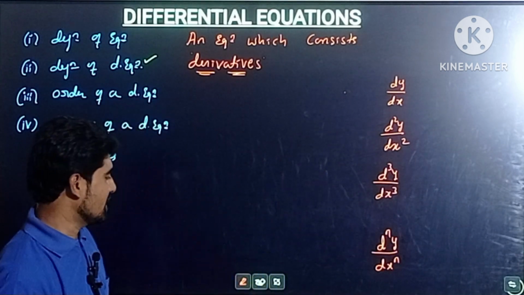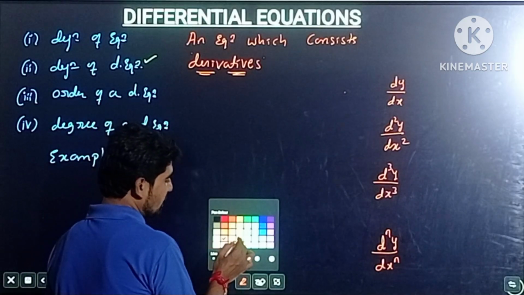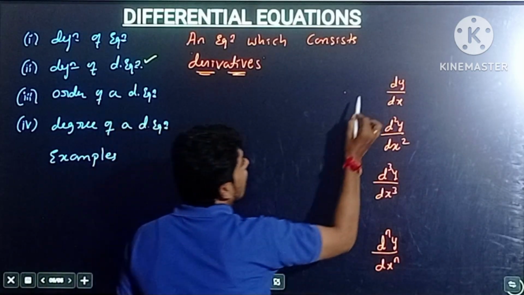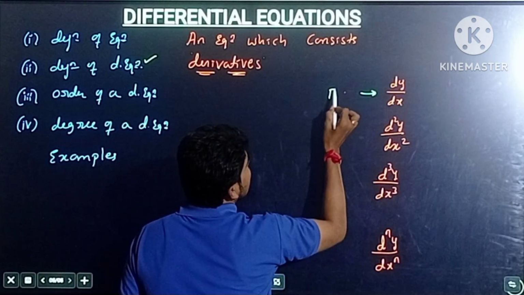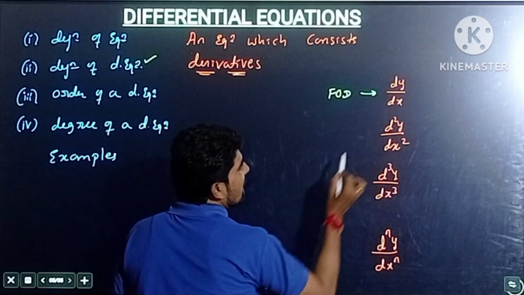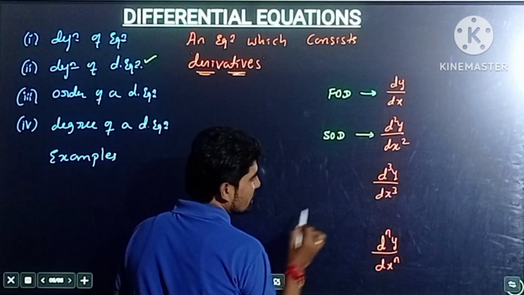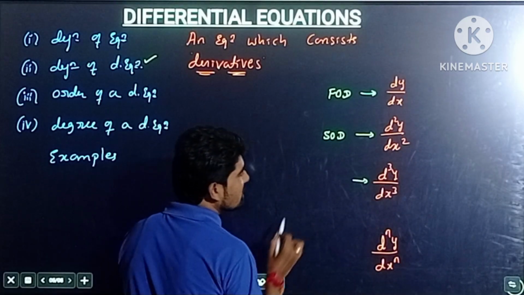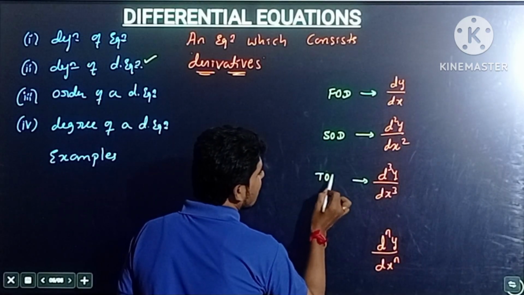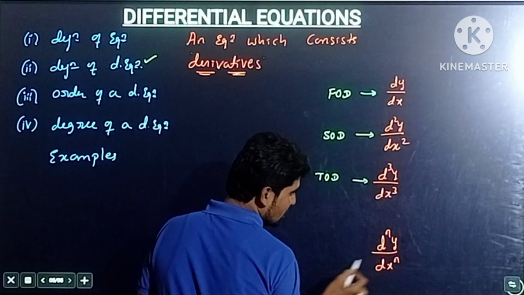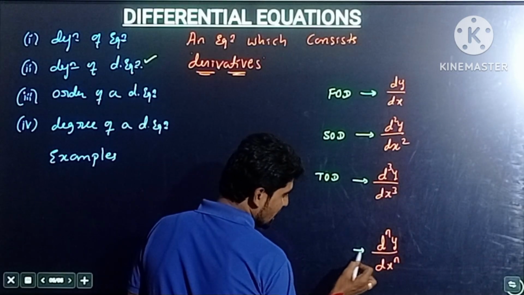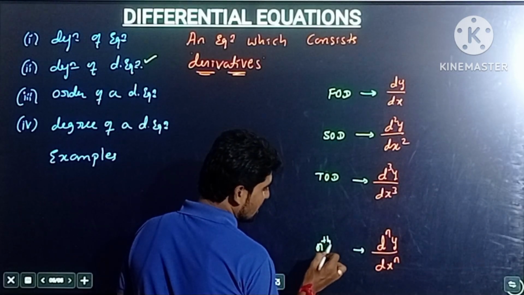I hope all of you are understanding. Here the first one, dy by dx, is known as the first order derivative, d square y by dx square is a second order derivative, d cube y by dx cube is a third order derivative, and d raised to n y divided by dx raised to n is the nth order derivative.